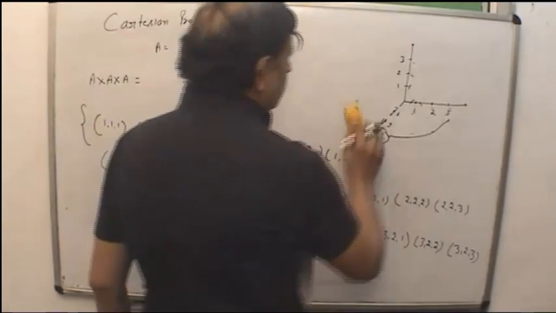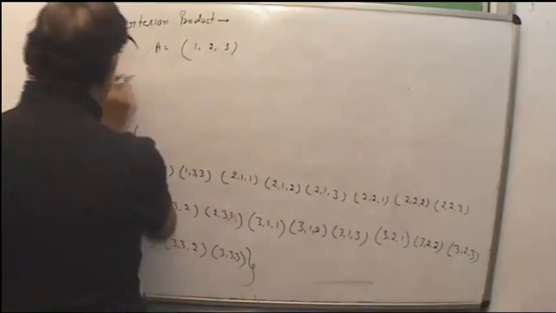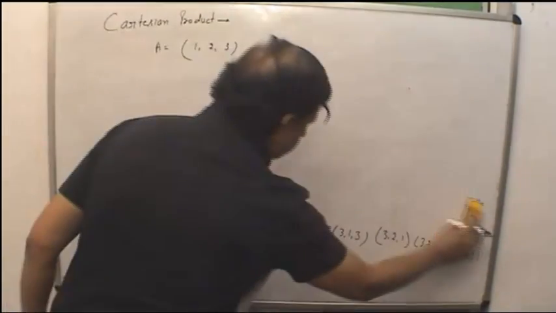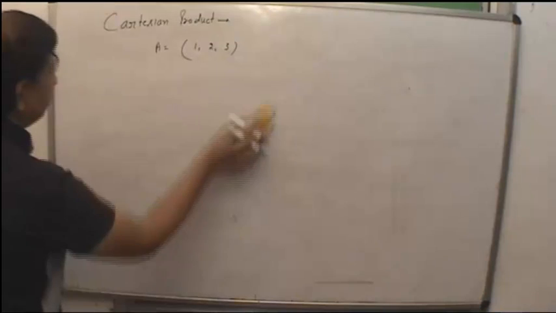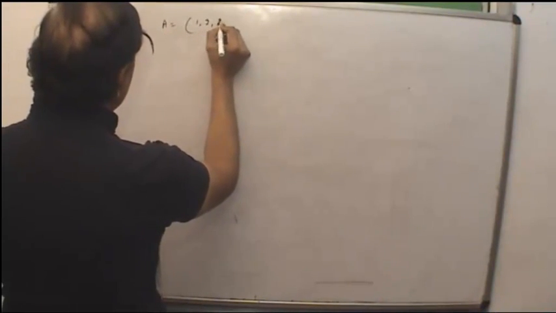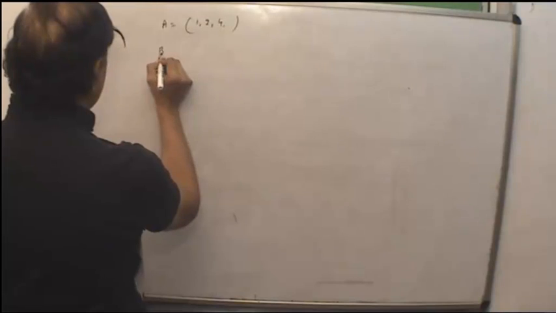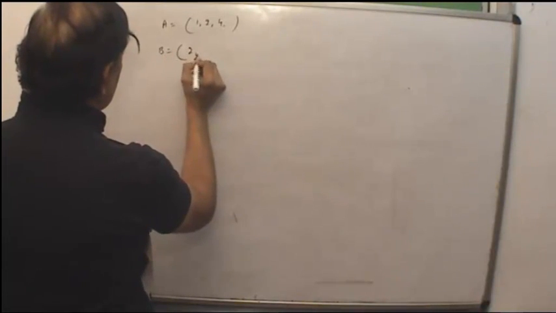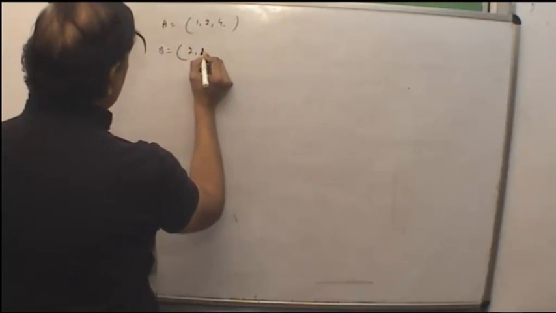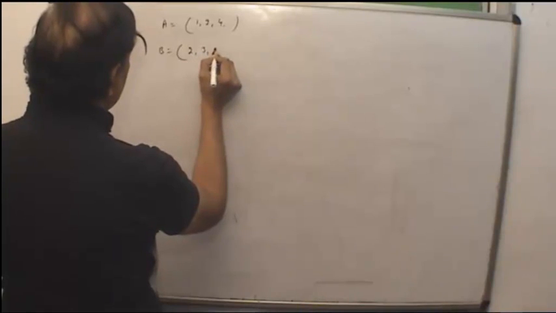Let us take an example. Say A is equal to {1, 2, 4} and B is equal to {2, 3, 5}.